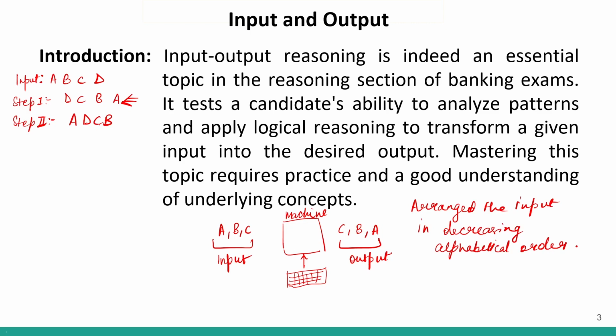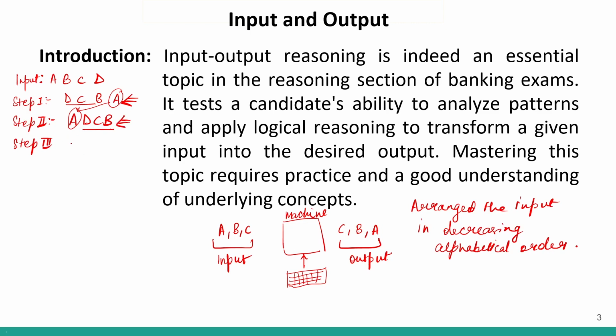So how the machine has arranged now? Basically, the machine has taken the vowel to be in the front and then kept the consonants in the same order, correct? This is what the machine has done, right? Then step 3, you feed the same input in the machine.